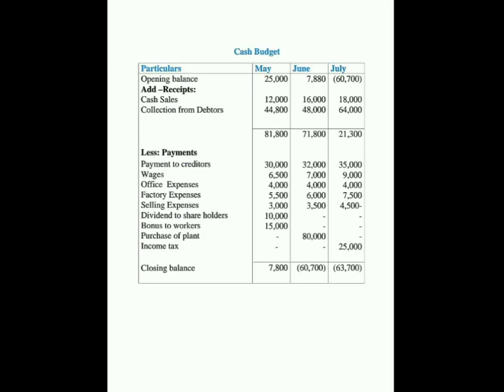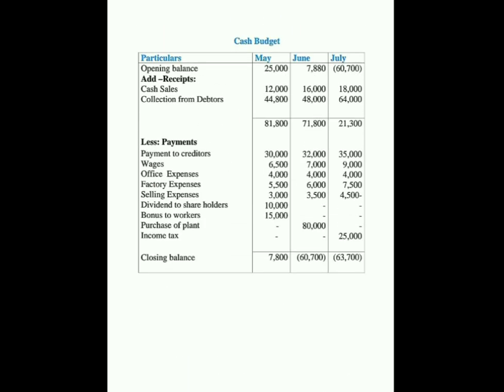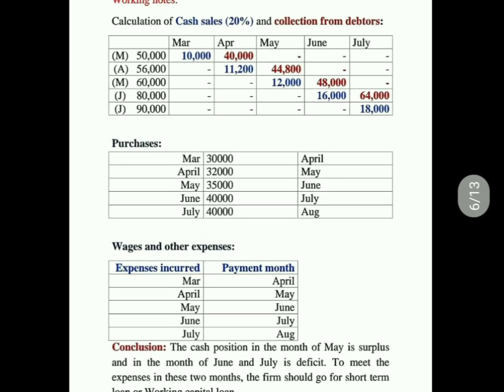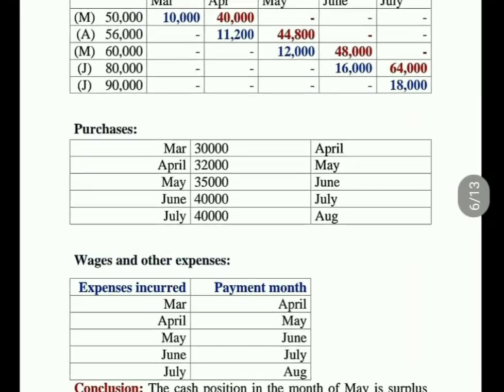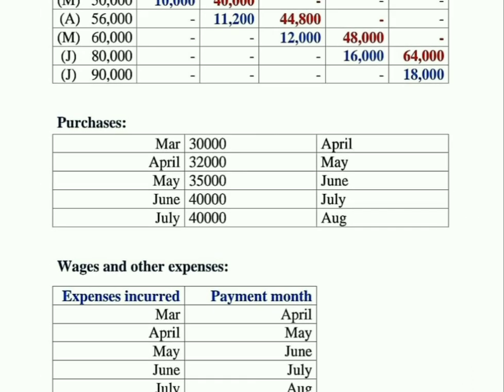First of all, suppliers supply goods at 2 months credit. See here, 2 months credit. Right, see the March amount. Look at the March amount.